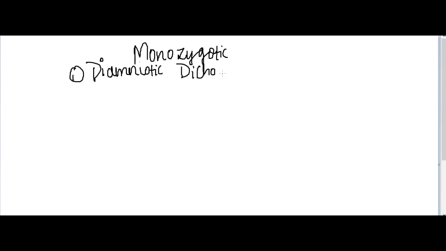One important thing I would like to discuss is that monozygotic twins can be divided into diamniotic dichorionic twins, where the timing of fertilization is less than 72 hours. If it is diamniotic and monochorionic twins, then the time should be 4 to 6 hours.